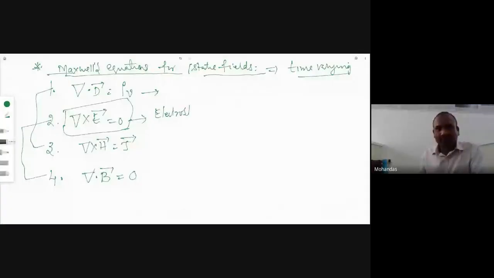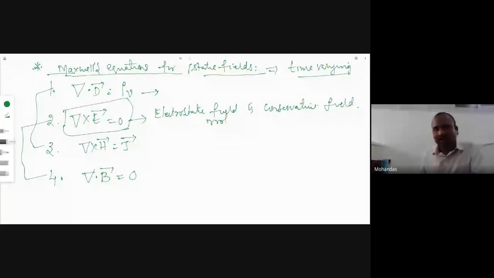Del cross E equal to 0. Which field is this? The electrostatic field is a conservative field. Del cross E equal to 0, it is a conservative field, and it is also known as an irrotational field.